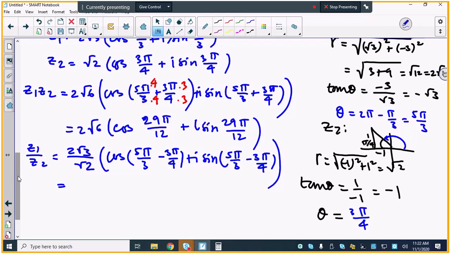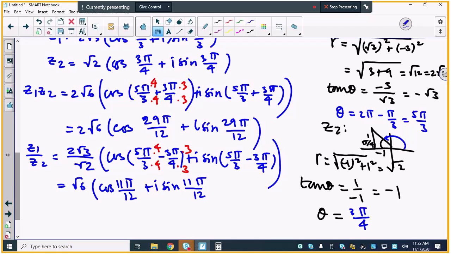So if I rationalize, I will multiply square root of 2 on top and bottom, and I will get square root of 6 times. Now same thing, you can multiply 4 on top and bottom of the first fraction and 3 on top and bottom of the second fraction. So it is going to be 20 minus 9, so that's 11 pi over 12. So cosine 11 pi over 12 plus I sine 11 pi over 12.